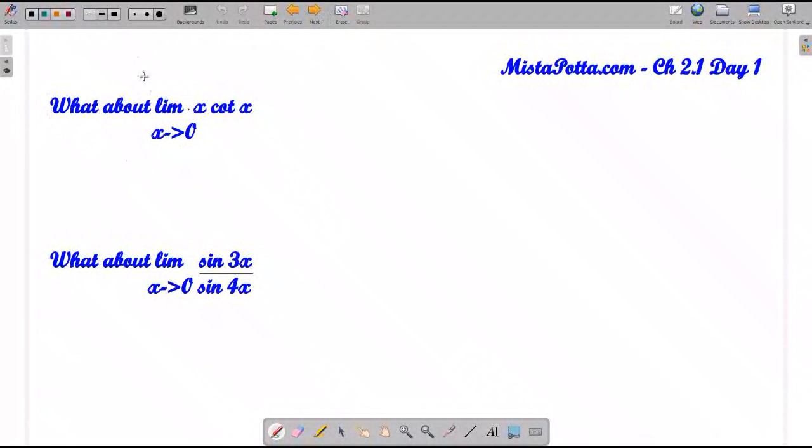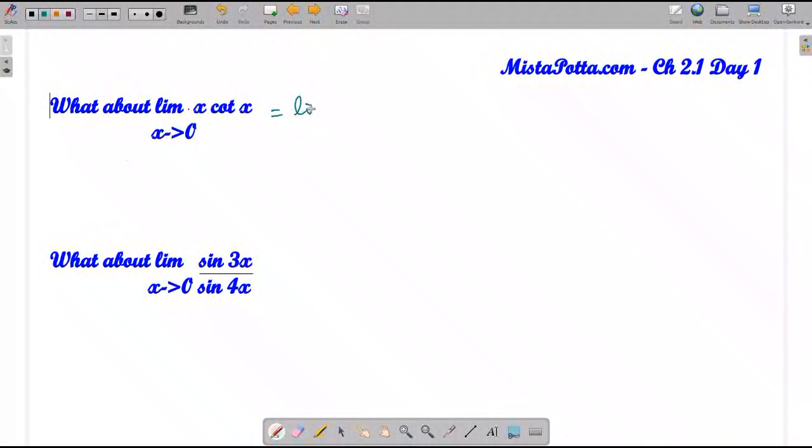So let's say I have the limit as x approaches 0 of x times the cotangent of x. What I'm going to do is represent this in a slightly different manner.